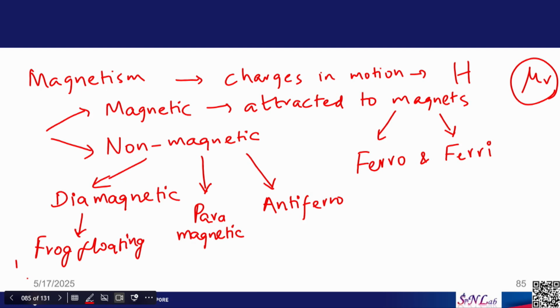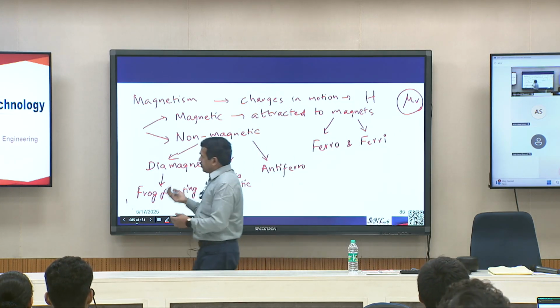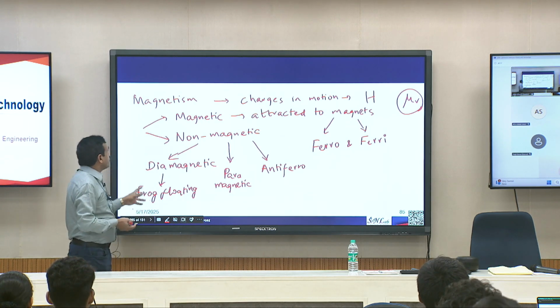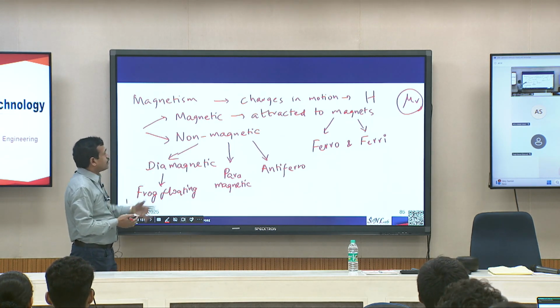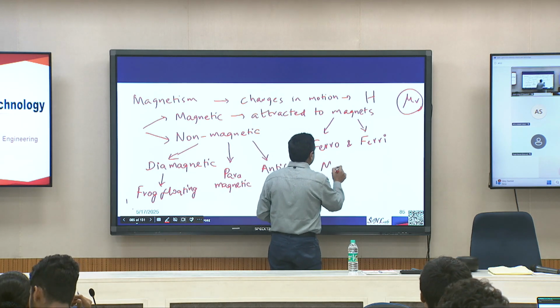Then we learned to understand what causes these properties. Okay. So why certain materials are ferro or ferrimagnetic, why some materials are anti-ferro, and so on. For explaining that, I introduced you to the concept of magnetic moment.